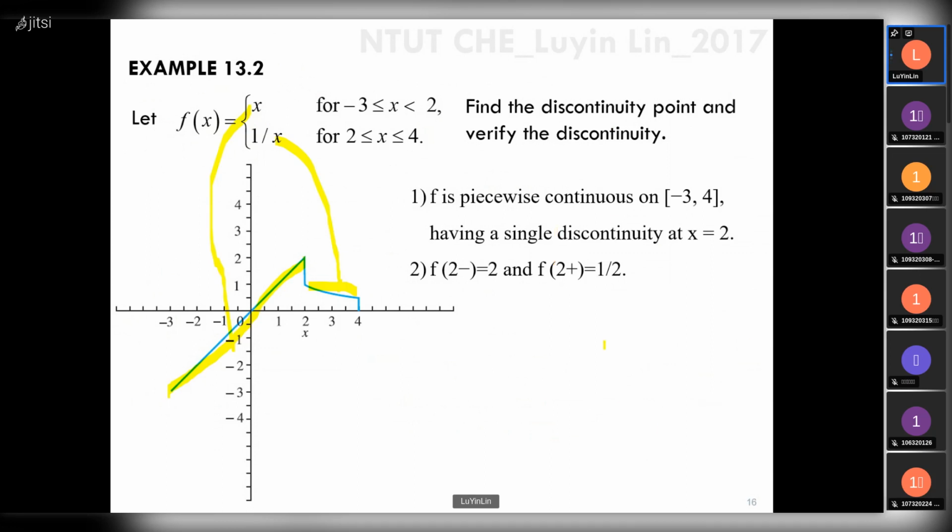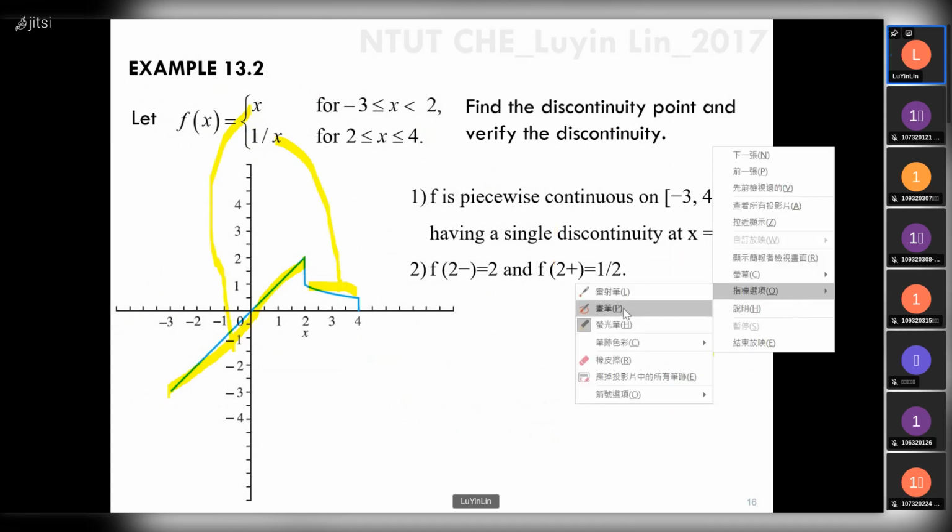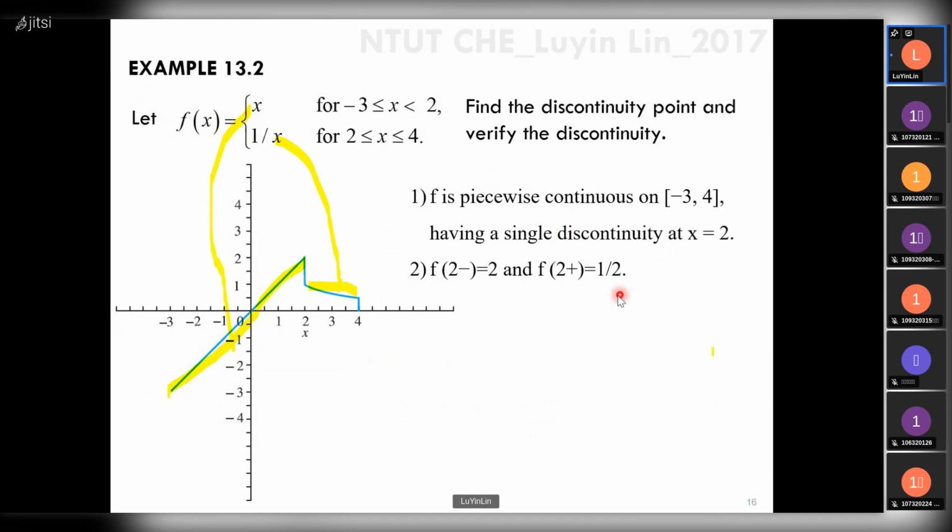Which point is discontinuous? It is x equal to 2 because it is the overlapped point, right? So in this range, x equal to 2 is not continuous. It is a single discontinuity at x equal to 2.